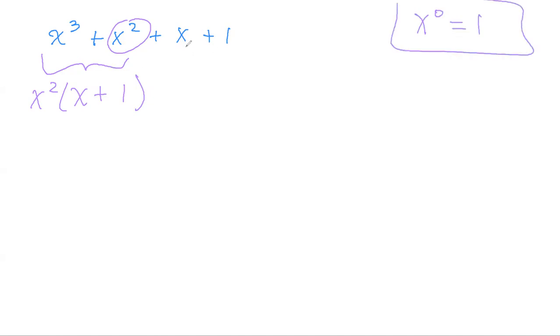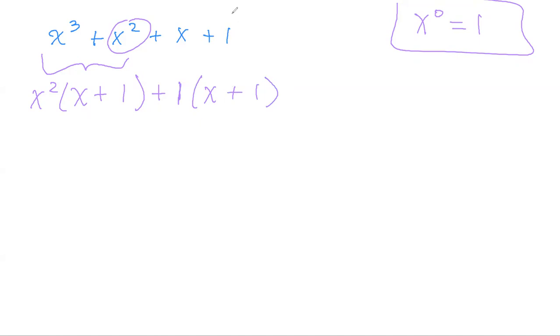And then here, the only thing I can really take out is technically 1. You don't have to write 1, but I'll just do it anyways. And I'm just left with x plus 1. And that's okay if this happens, that's totally fine. But just be mindful that there is technically a 1 outside of the parentheses, and you can just rewrite that.